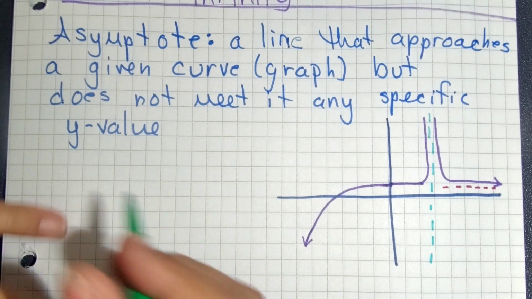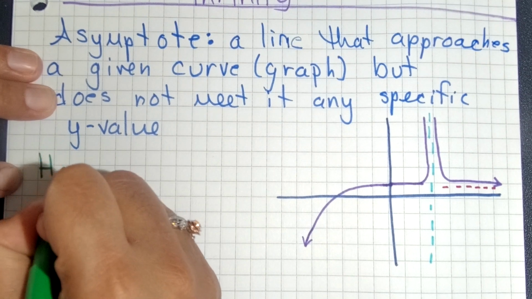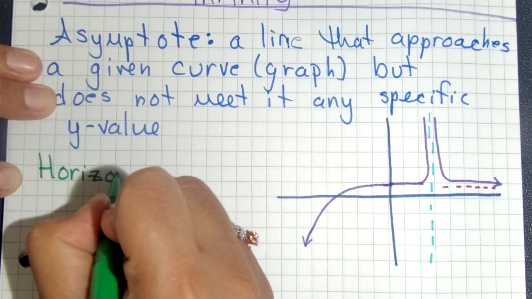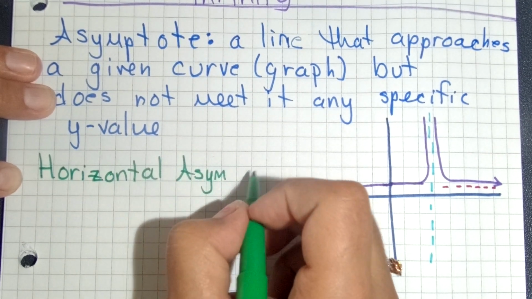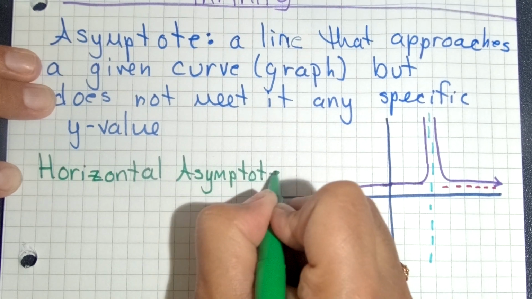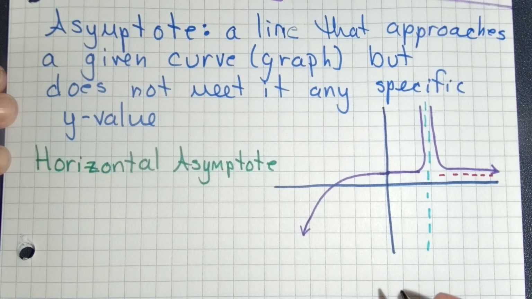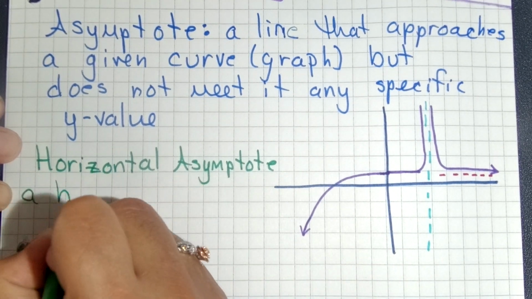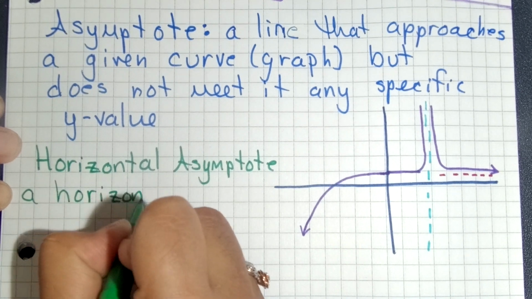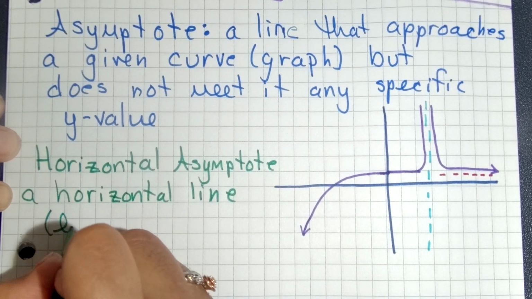Our first specific asymptote is called the horizontal asymptote. Horizontal asymptote is a horizontal line. Horizontal means that it's going left and right.